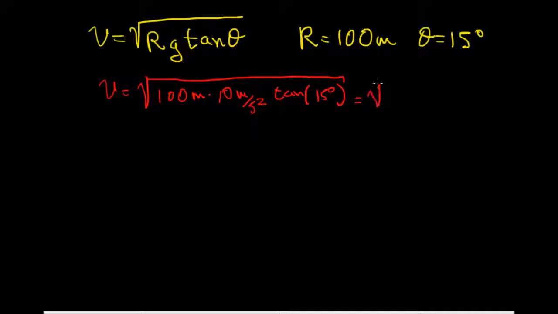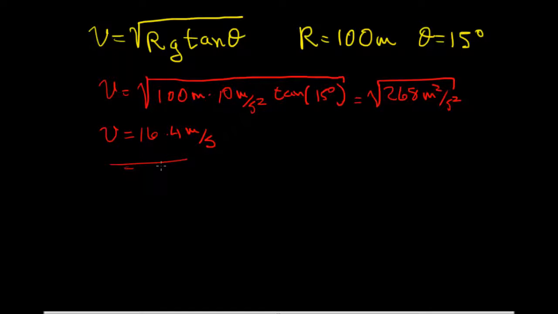And I get that to be the square root of 268 meters squared per second squared. And that gives me a speed of 16.4 meters per second. So that's how fast a car can go around that curve in the absence of friction if the radius of the curve is 100 meters.